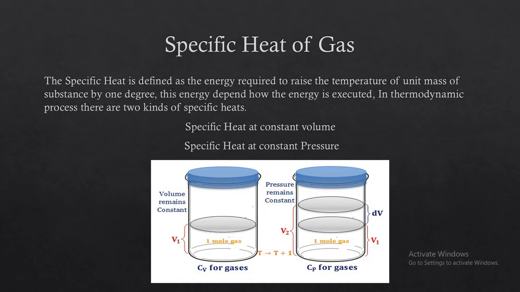Physically, the specific heat at constant volume, Cv, can be viewed as the energy required to raise the temperature of a unit mass of a substance by 1 degree as the volume remains constant. The energy required to do the same while the pressure is maintained constant is the specific heat at constant pressure.